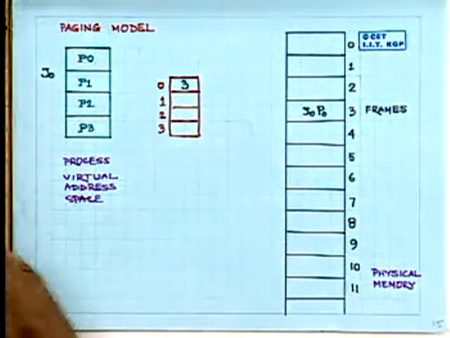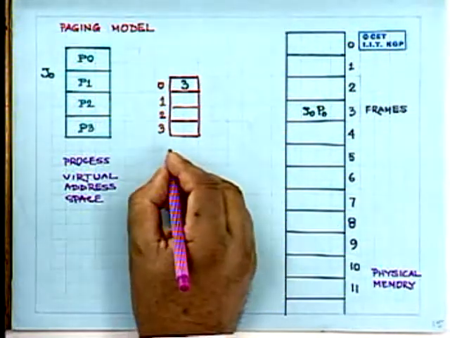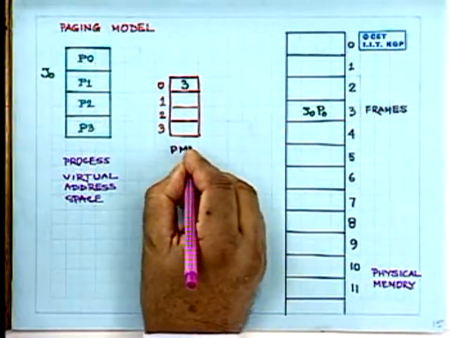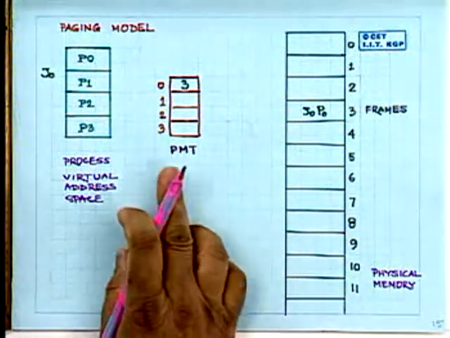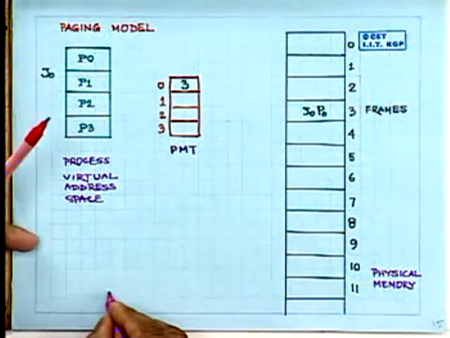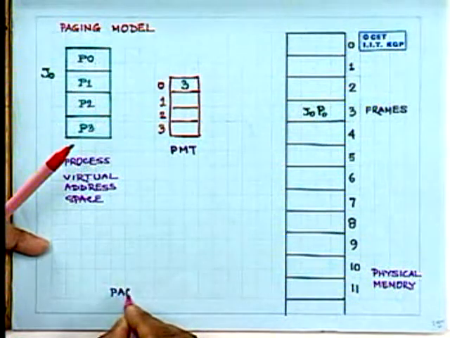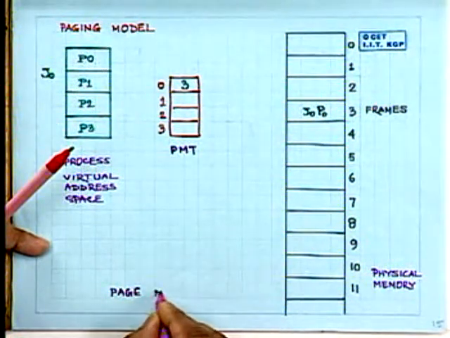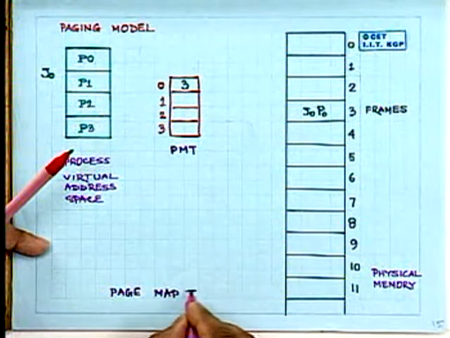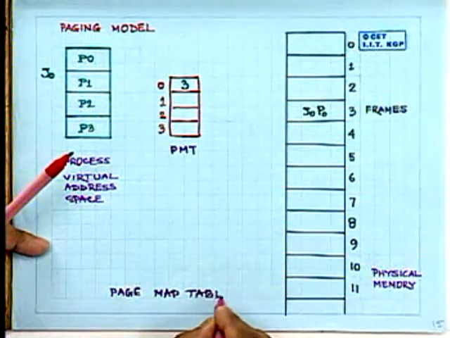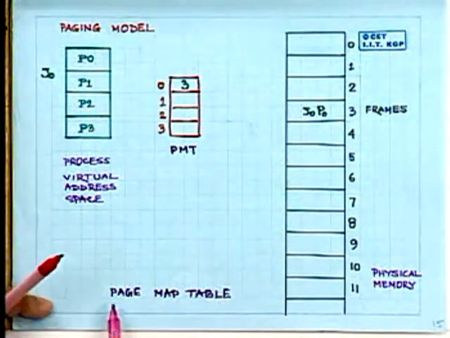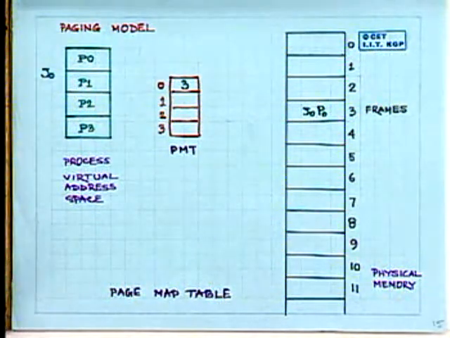We call this a page map table, PMT, or sometimes, in short, a page table.